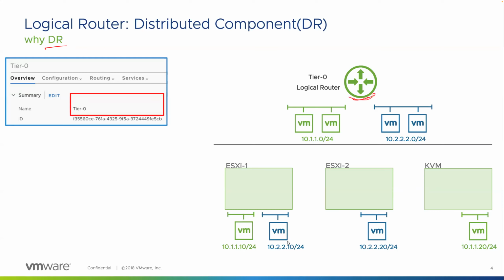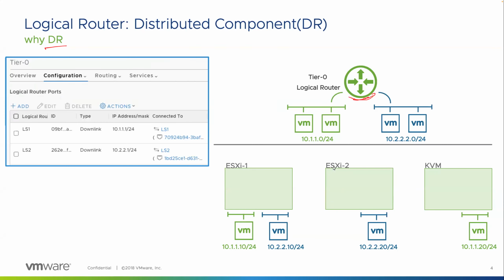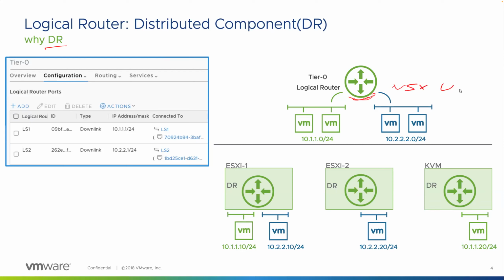And the VMs are sitting on different ESXi hosts. So after we created the logical router, which is a logical function on the NSX configuration UI, the whole function will be distributed or allocated to every transport node.